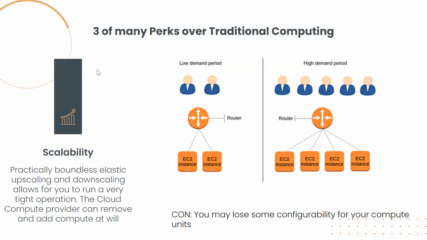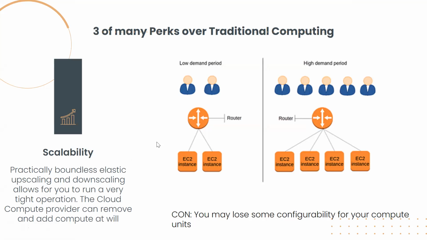And now that we've looked into what cloud computing is, let's think about what its perks are over traditional computing. Well, the first is scalability. AWS, Google Cloud, and Microsoft Azure, those are the big three. They all have systems of scalability built into their cloud computing services.